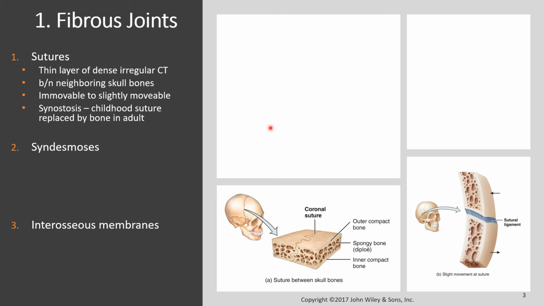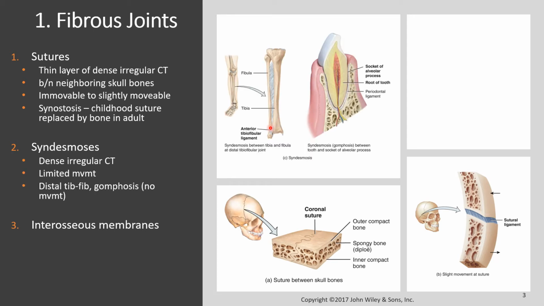Syndesmosis, the next kind of joint, we're looking at what's going on in the tibiofibular joint, and the gomphosis. And I'm going to just highlight this here in red. When we're looking at the tibiofibular joint, we're really talking about this part right in here. So there we've got dense irregular CT, and that's going to provide very limited movement at that point.